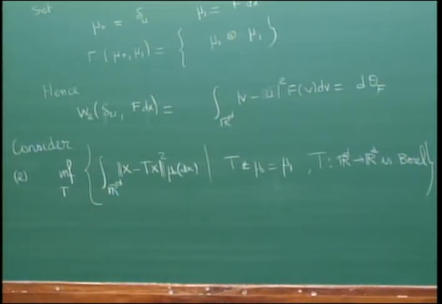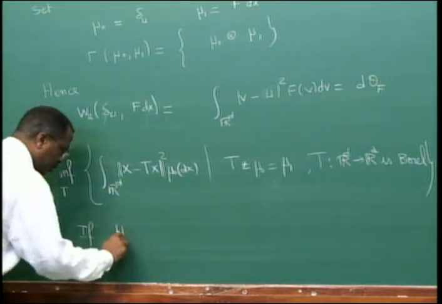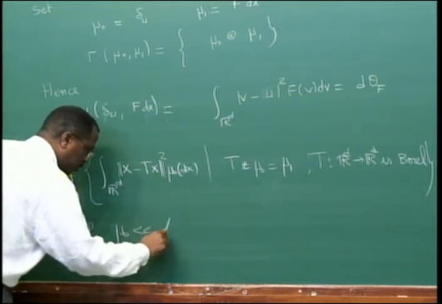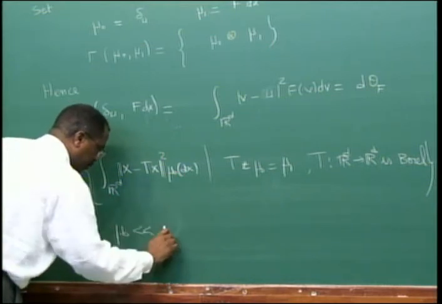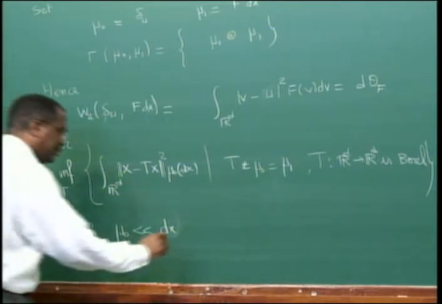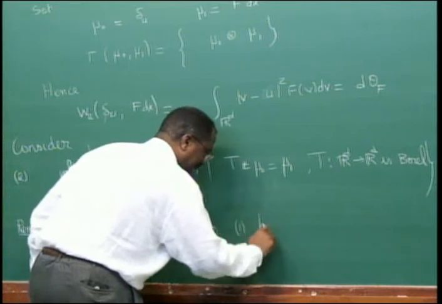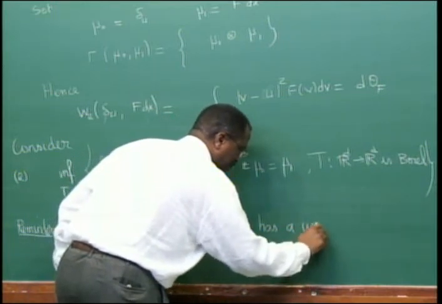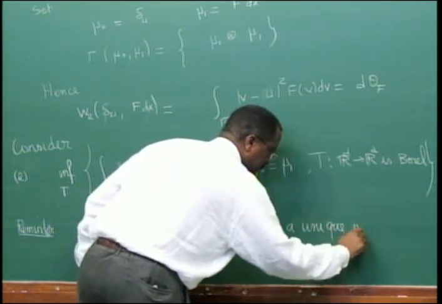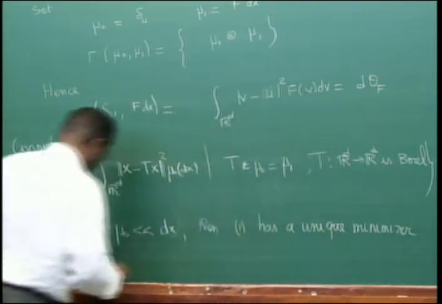Okay, so let me remind what we have obtained. If mu naught is absolutely continuous with respect to Lebesgue measure, then problem 1 has a unique minimizer, gamma bar.